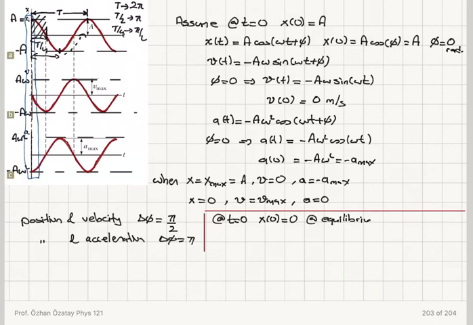Now at t is equal to 0, I'm going to say that the particle is at its equilibrium position. So if that's the case, then I will write x of 0 is equal to a cosine 0. This has to be 0. So what does that imply?